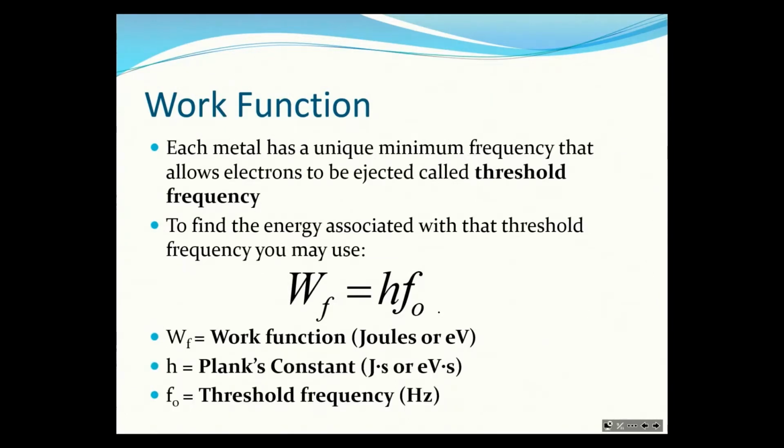Really this formula is just E equals hf, but this is work function and this is our threshold frequency. You can also have E equals hc over lambda with this threshold wavelength, but it's not really a threshold because it's a maximum wavelength that will allow electrons to be fired off. But it's the same thing.